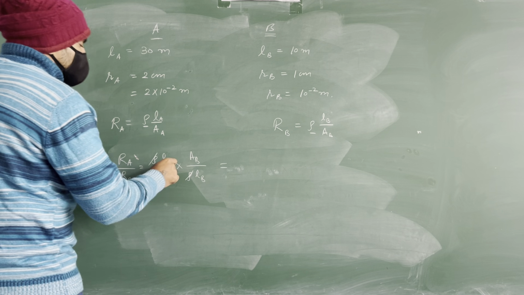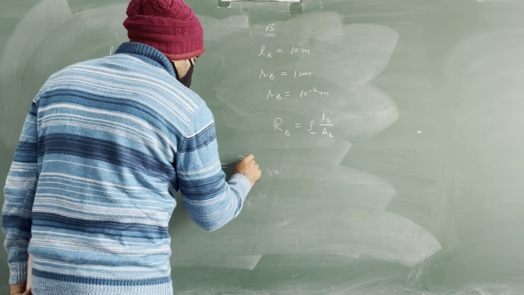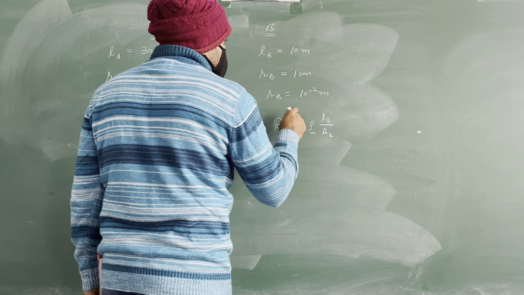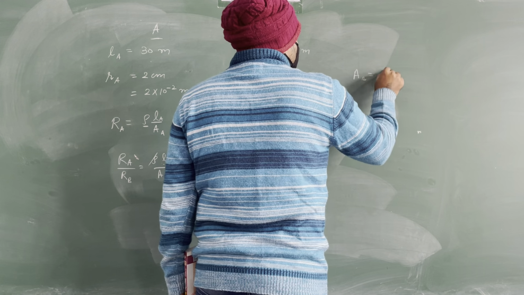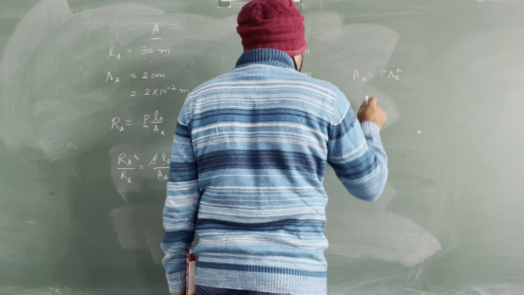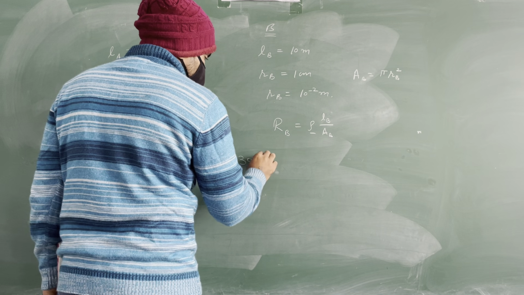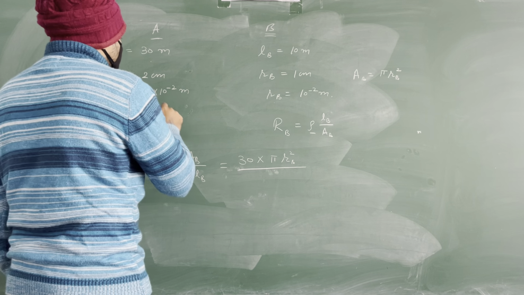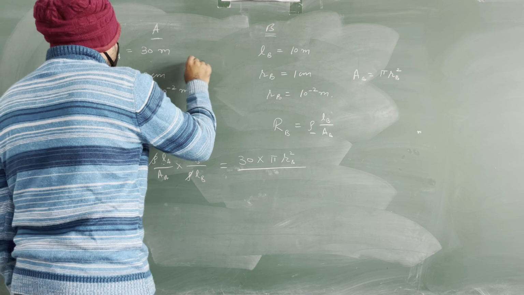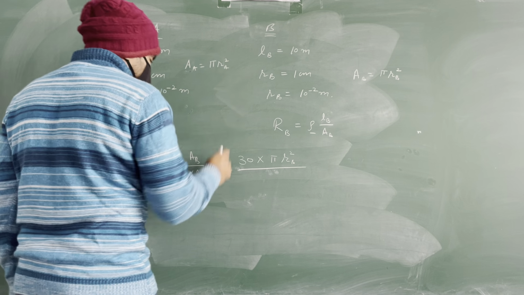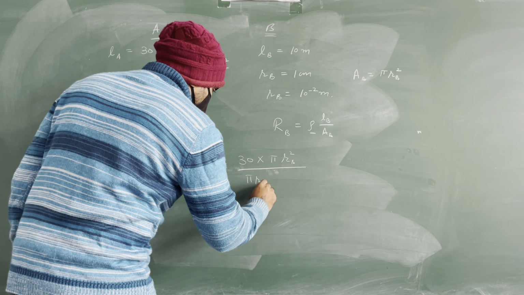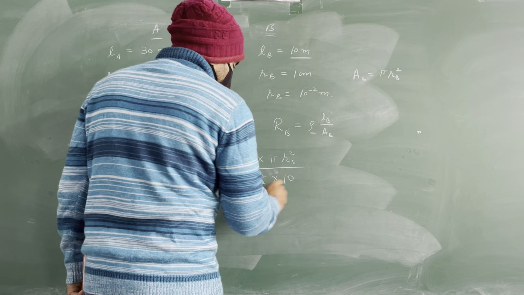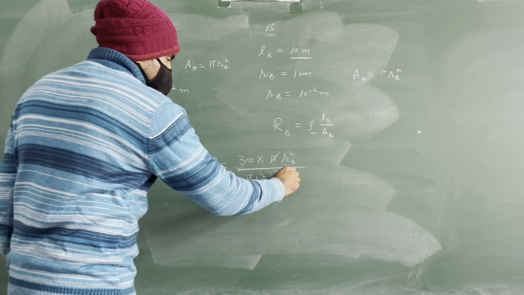So we have length of A, which is 30, multiplied by area of cross section of B, which is pi rb square, divided by area of cross section of A, that is AA equal to pi ra square, multiplied by length of wire B. Length of wire B is 10. These two terms also cancel out each other.